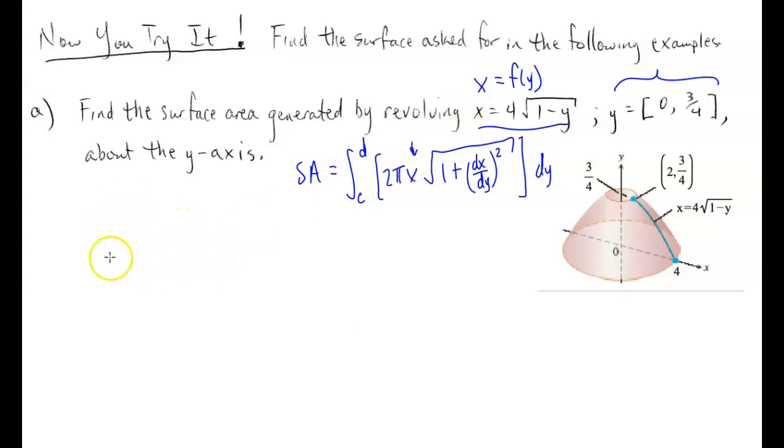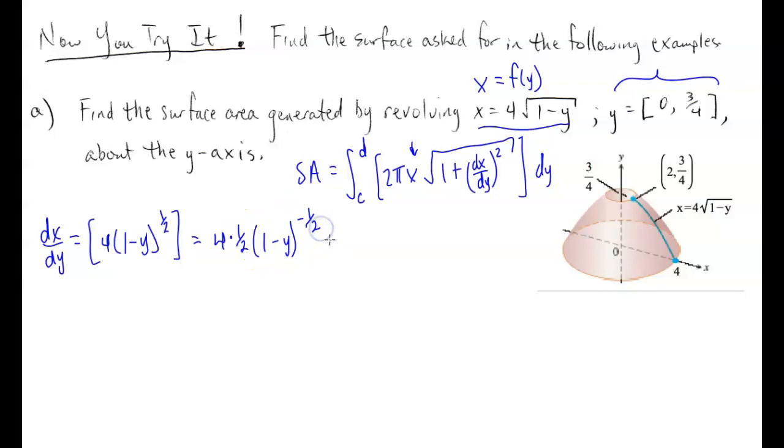Okay. So we know that the derivative of this function with respect to y is going to be, and I'm going to write this in prime notation here, we can look at it like this, and we need to use the chain rule. So this will be 4 times 1/2 of 1 minus y raised to the minus 1/2, and then we'll multiply that times the derivative of the inside function, which would just be negative 1.